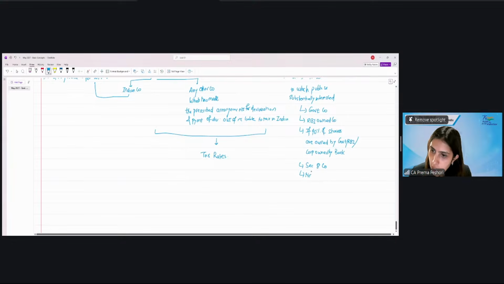So a nidhi or a mutual benefit company, or a company whose shares carrying not less than 50% of the voting power are held by cooperative society.